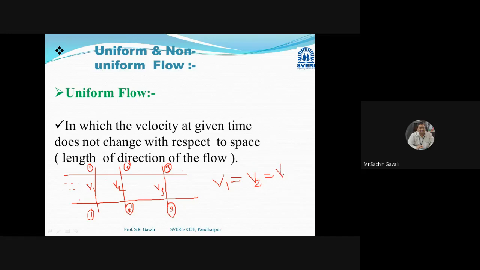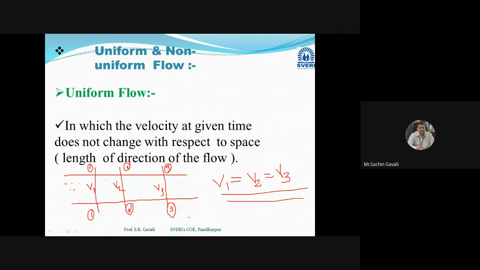If the velocity of flow remains constant at all sections in the direction of flow, then the flow is uniform flow.